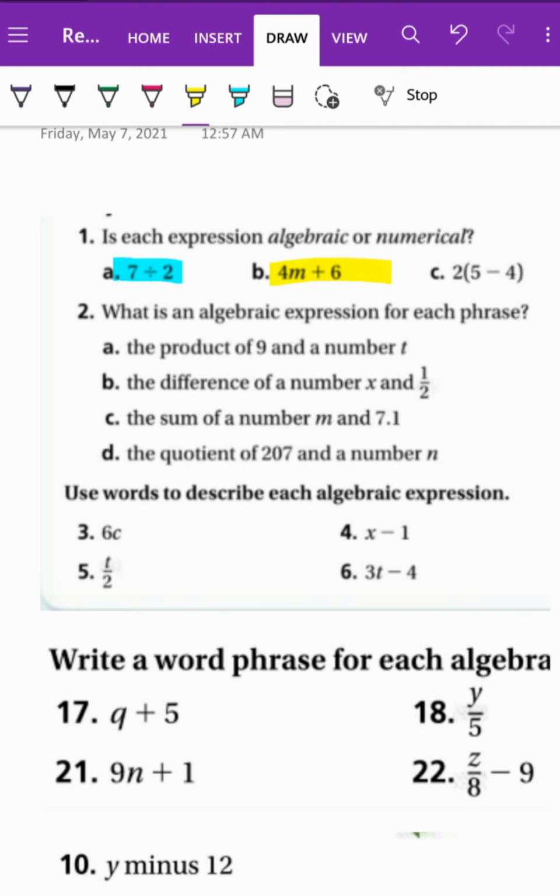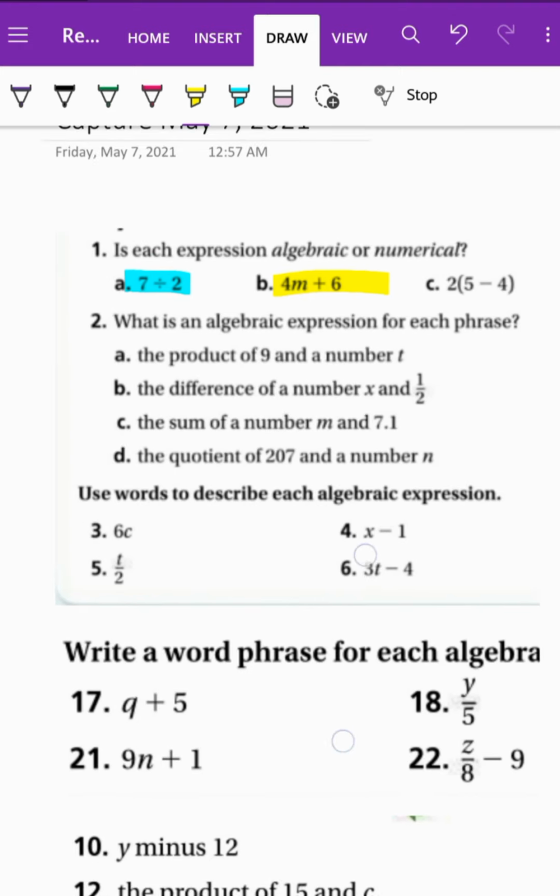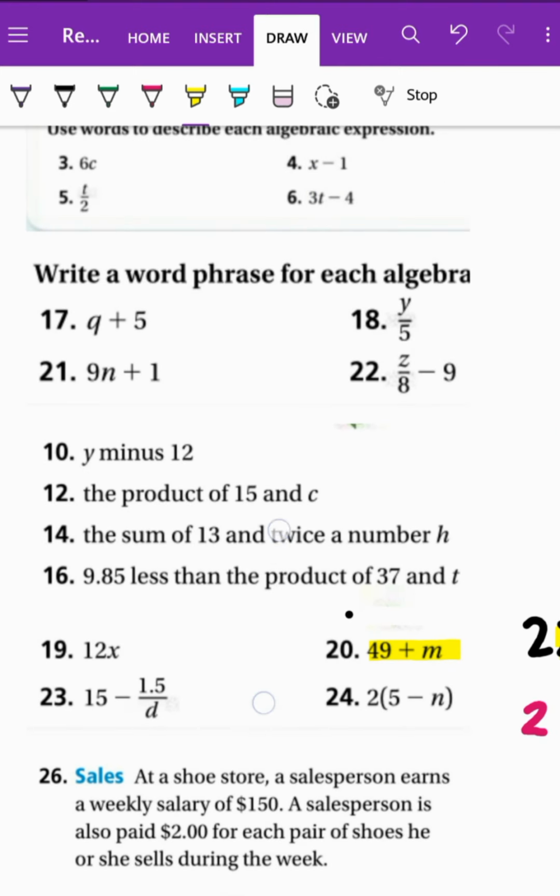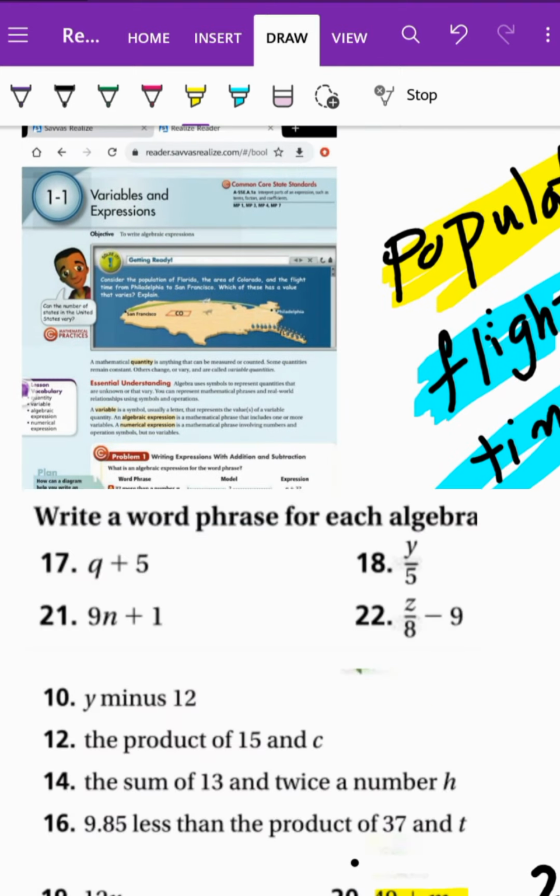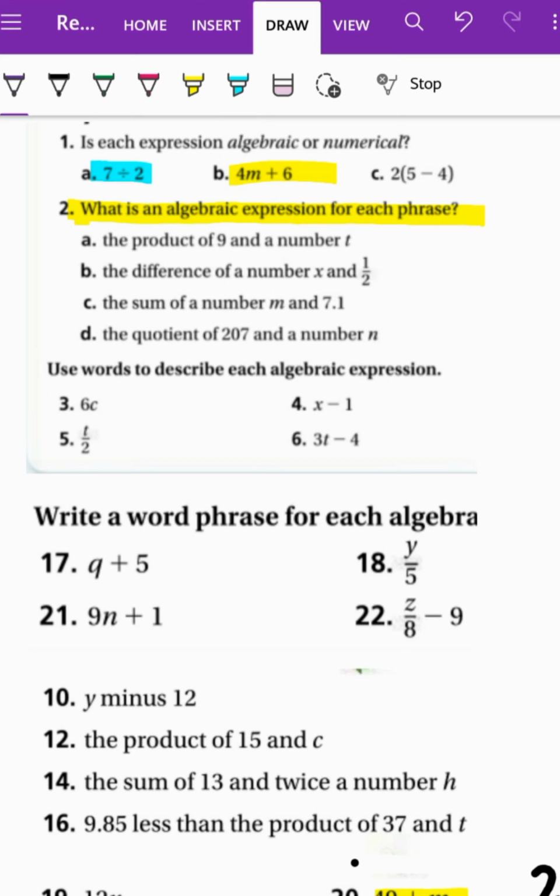Good. Now, the last thing that we will learn is how to describe a word expression and write it as a mathematical phrase. So we have some word phrases. The product of 9 and t. Let me write it again, please.